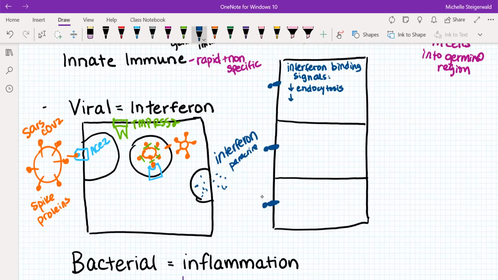They're going to cut down on the amount of exocytosis, because what if the bad guys are already in and they just don't even realize it yet? The least they could do is keep it from getting out and harming others. And then finally, it's going to reduce protein translation so that if it is in the cell, it's less likely to be able to copy itself and then be able to get out and infect other cells.